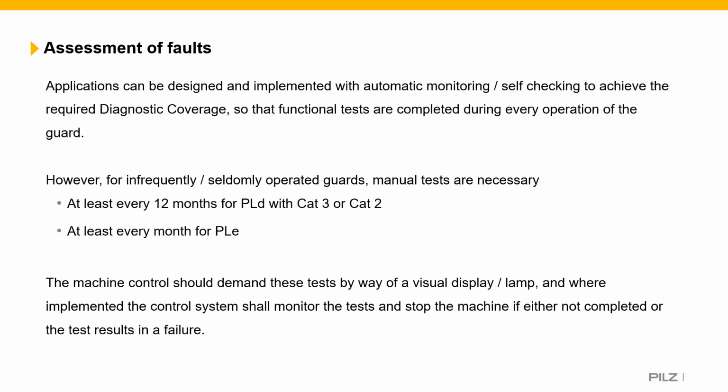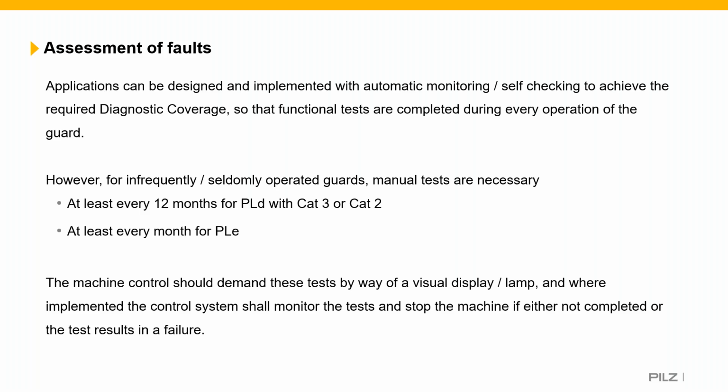We can have systems that do an automatic self-check every time they're actually operated, and that helps us to ensure that we receive the correct level of diagnostic coverage for the performance level requirements. So it avoids the requirement to have frequently operated checks.